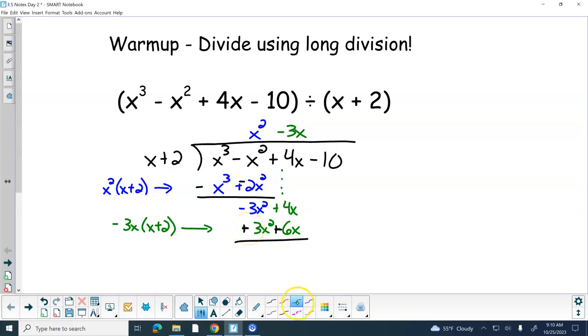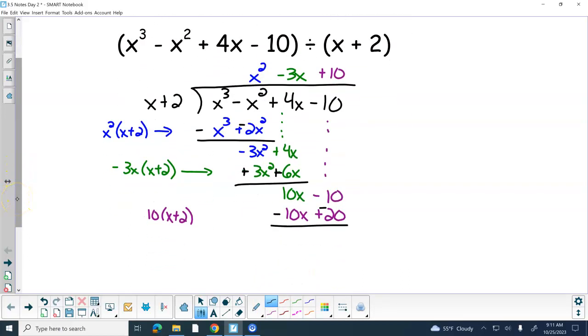Change gives me, oops, wrong color. That would be positive 10. Change gives me negative 30.